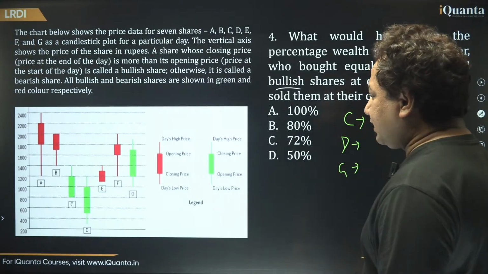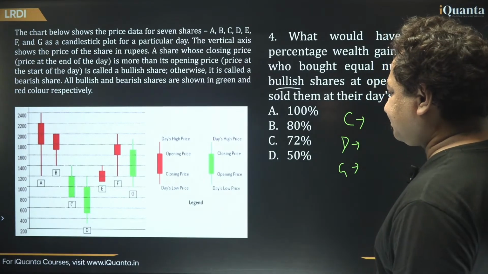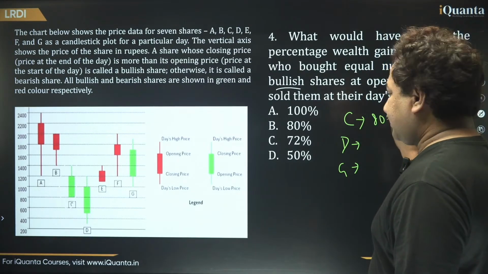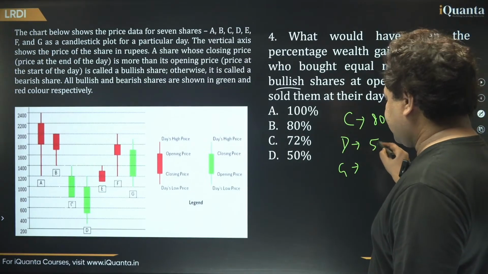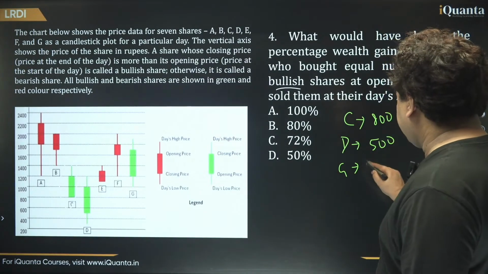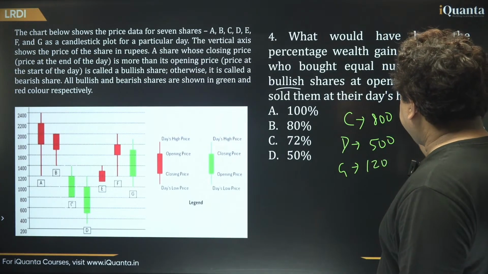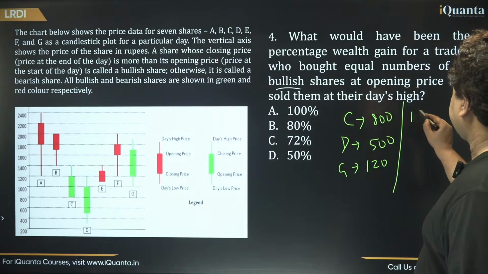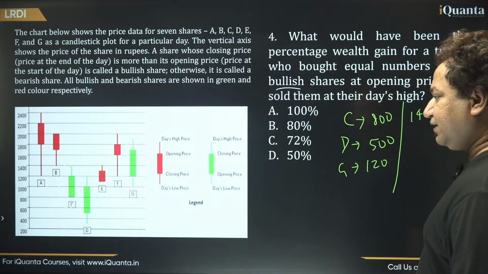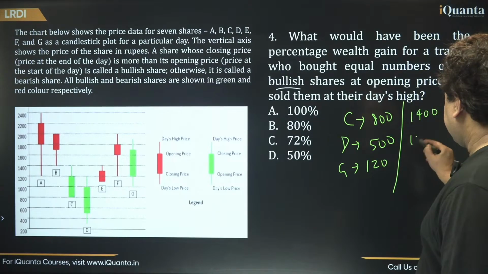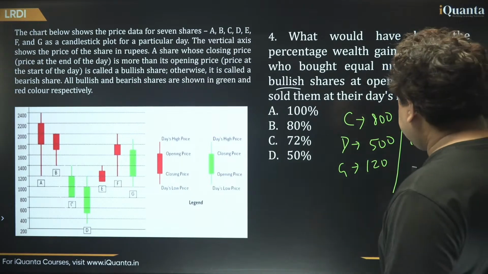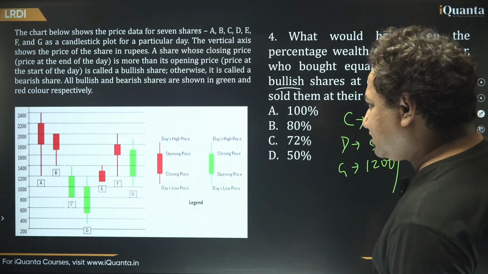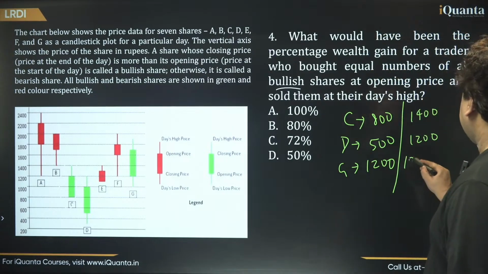C ko he must have bought at how much? 800. D at 500, and G at 1200. There is a buying price, and selling price will be how much? For C it is 1400, for D it is 1200, and for G it is 1900, right?